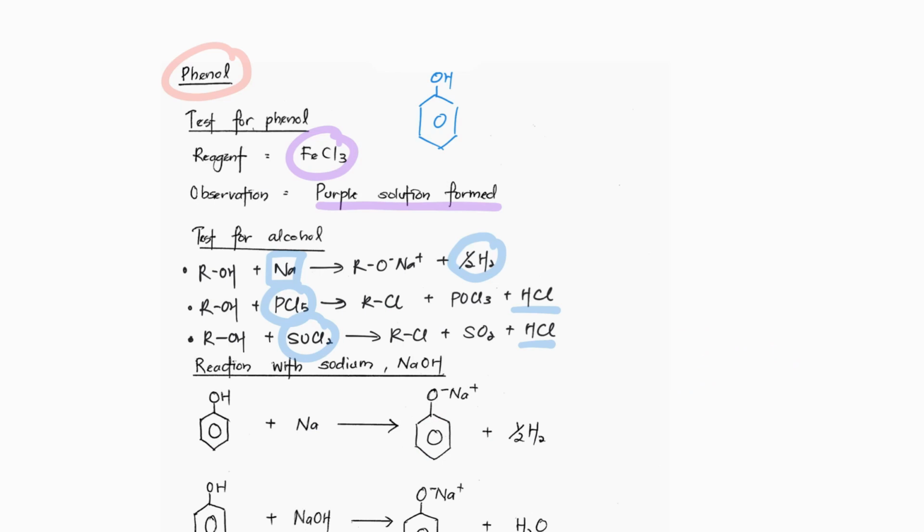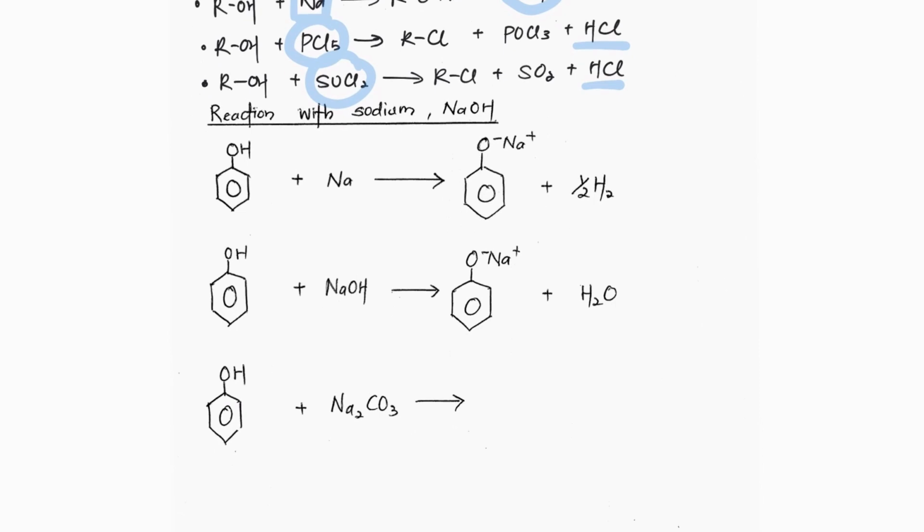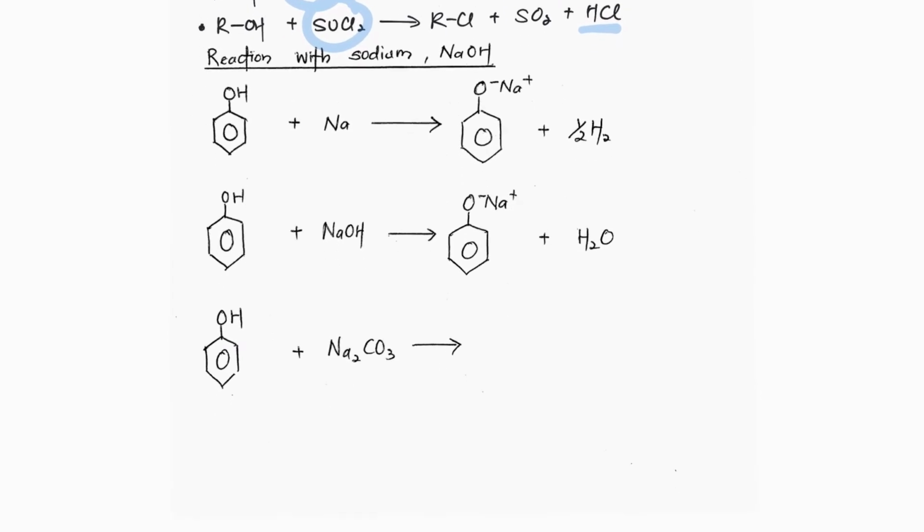Phenol is a weak acid, so it dissociates partially in water to give us a phenoxide ion and H+. This is the phenoxide ion. Let's go through the reactions of phenol. Phenol reacts with sodium to give a salt plus hydrogen gas.